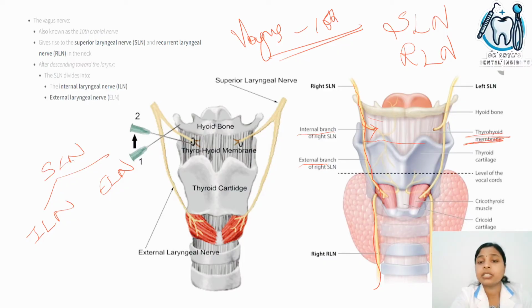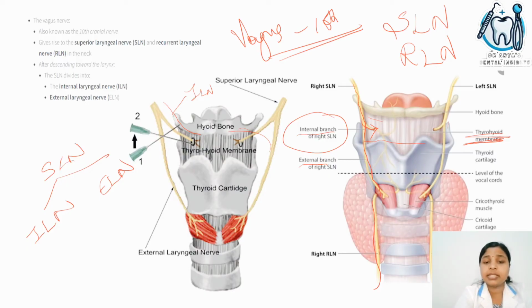So the nerve which pierces the thyrohyoid membrane is the internal branch of the superior laryngeal nerve. This is the hyoid bone, this is the thyroid cartilage, and this is the thyrohyoid membrane. The nerve which pierces the thyrohyoid membrane is the internal laryngeal nerve.